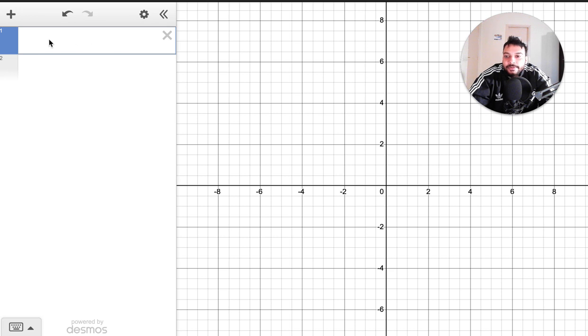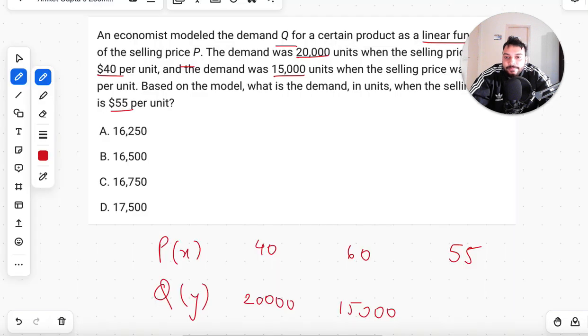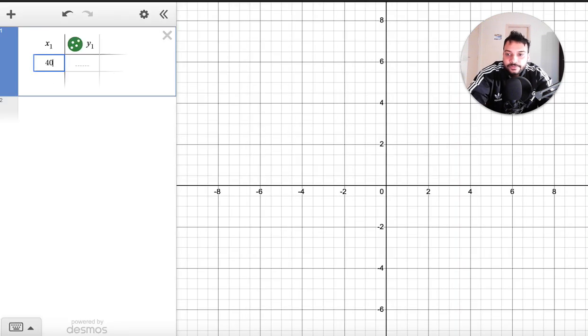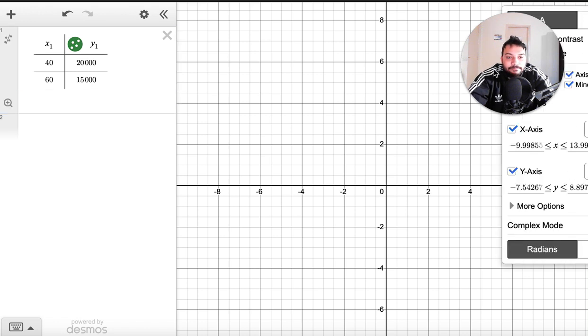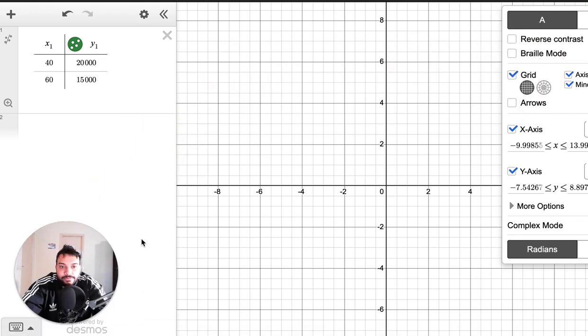So first step, we add the table here. For the points, it's (40, 20,000), (60, 15,000). You'll need to adjust the scales a bit in order to see this properly. If we look at it here, we won't be able to see the points, so let's adjust the Y scale.